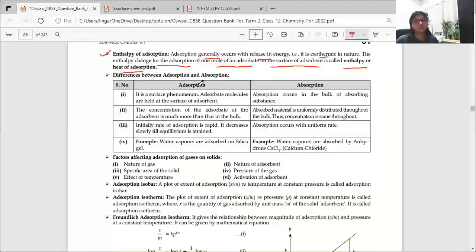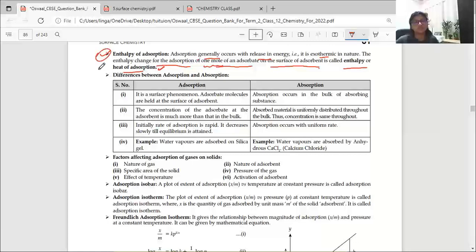If you take less amount, less energy is released. So we have to specify. Generally in chemistry, for a substance we take 1 mole. In thermodynamics, for mass, generally 1 gram. Here we are talking about gas, that's why 1 mole. When 1 mole of an adsorbate is adsorbed on the surface of an adsorbent, the energy released is the enthalpy or heat of adsorption.